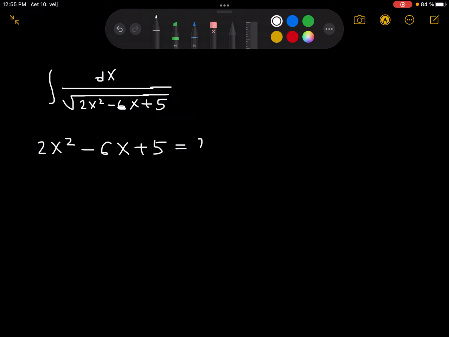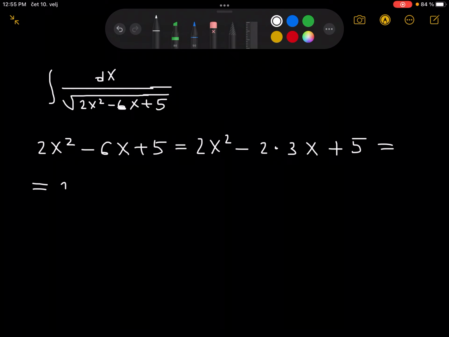And this is really the same as 2x squared minus 2 times 3 times x plus 5. So this is a way of completing the square.